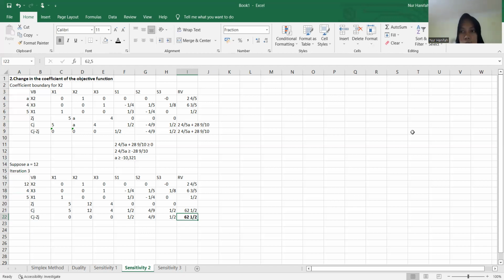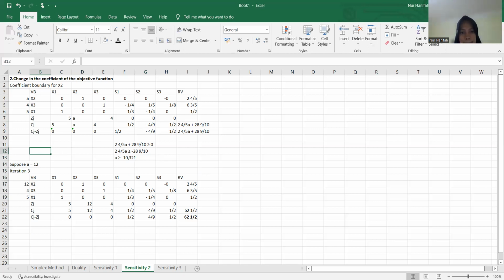This is also greater than before. We can suppose a is greater than or equal to -10.321, and we can still apply this to this problem.